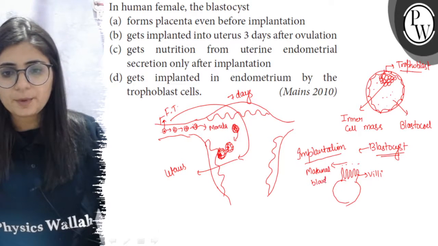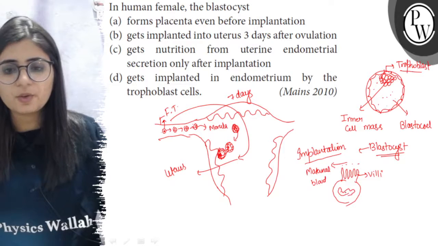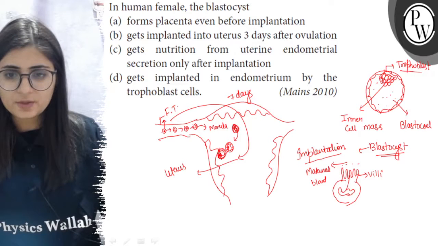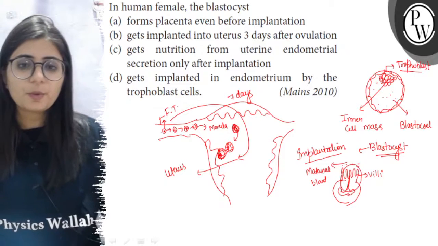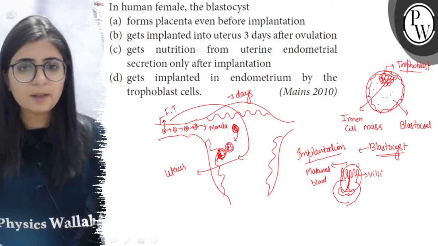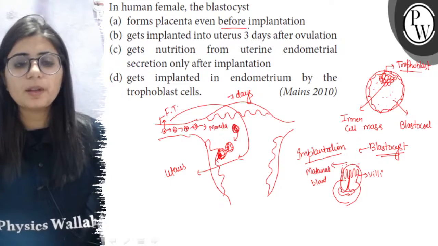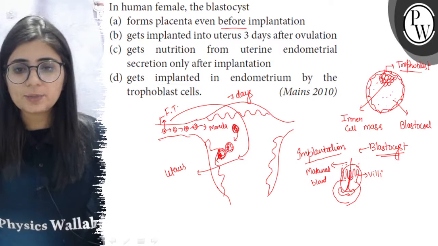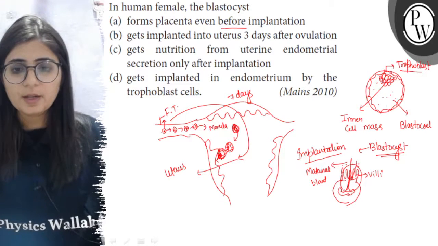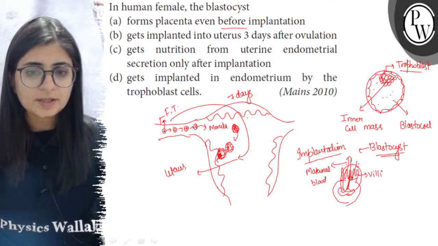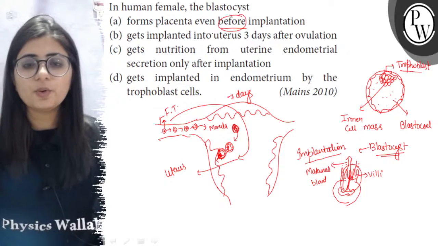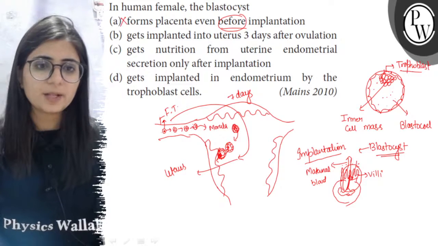Here the embryonic development starts, there is formation of gastrula, and then organogenesis begins. This structure is known as placenta. Placenta is a tissue which provides nourishment and oxygen to the embryo, and also removes CO2 and waste from the embryo or fetus. So the formation of placenta occurs after implantation, not before implantation. So this is a wrong statement.